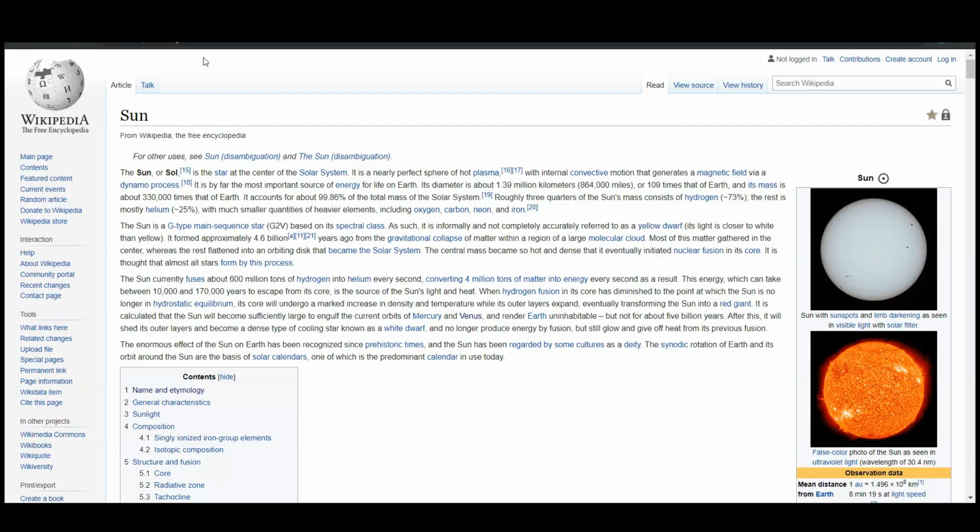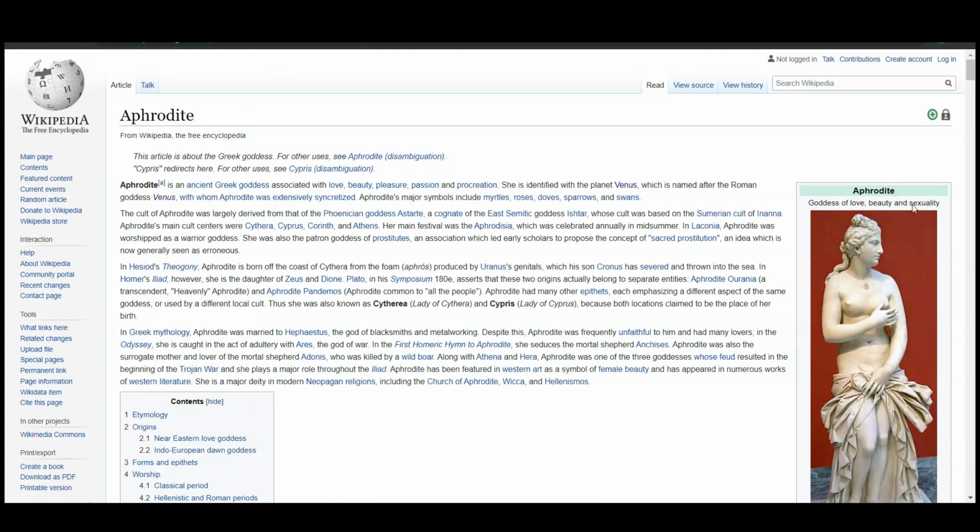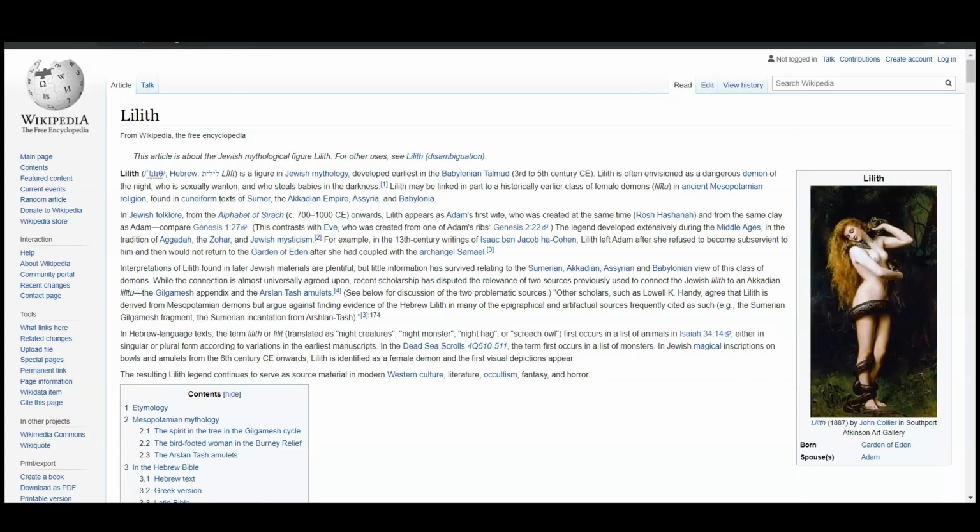And if we go back and look here at Venus, Venus would be the Roman goddess. So the Greek equivalent to Venus would be Aphrodite. And then the Hebrew equivalent would be Lilith.